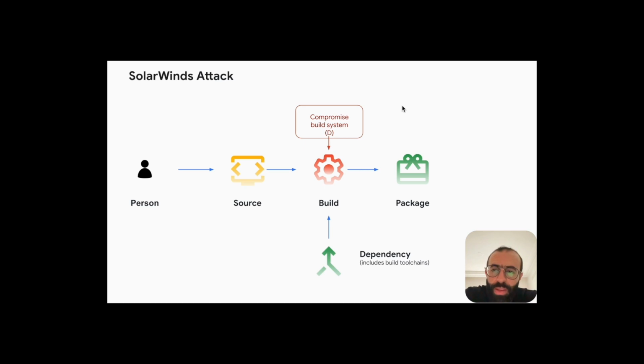I will start with some attacks that you may know. For example, the SolarWinds attack. SolarWinds had their KMS compromised, which resulted in the build system getting compromised. This compromised thousands of organizations, including government agencies, because a lot of government agencies and organizations are using SolarWinds in their environments.